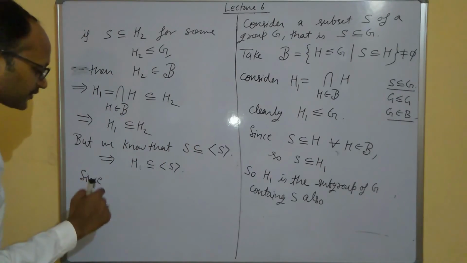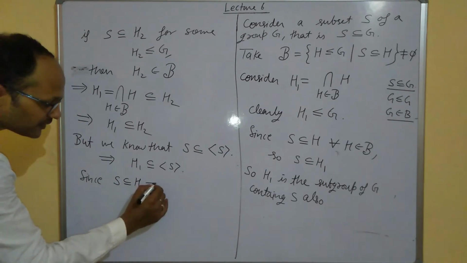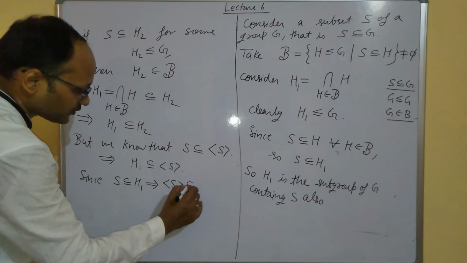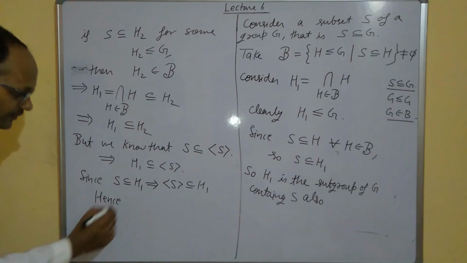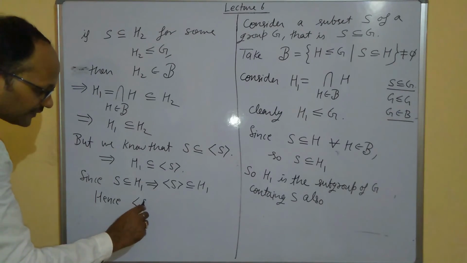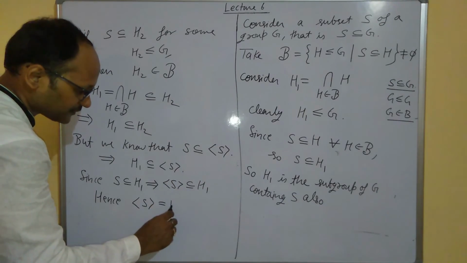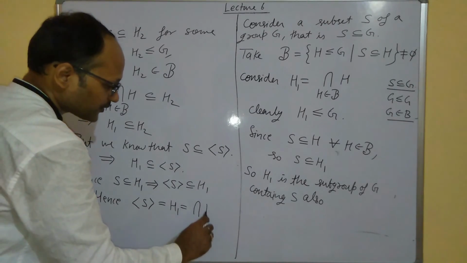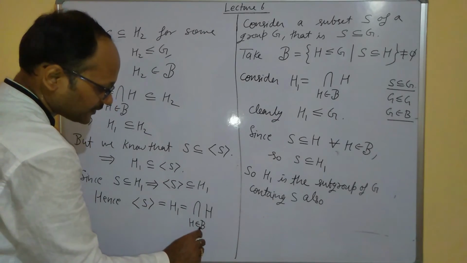That's why it is called the smallest subgroup. Since S is contained in H1, this implies the subgroup generated by S is also contained in H1. Hence this is equal to H1, that is the intersection of all the subgroups which contain S.